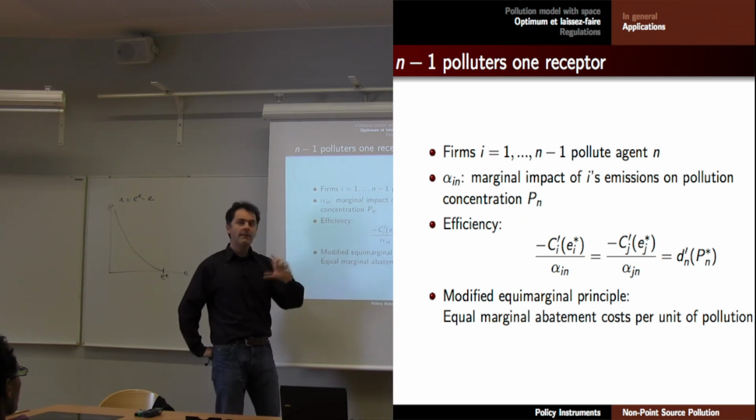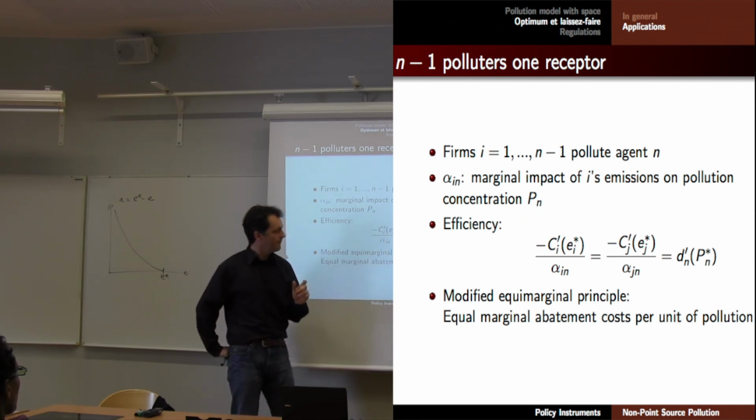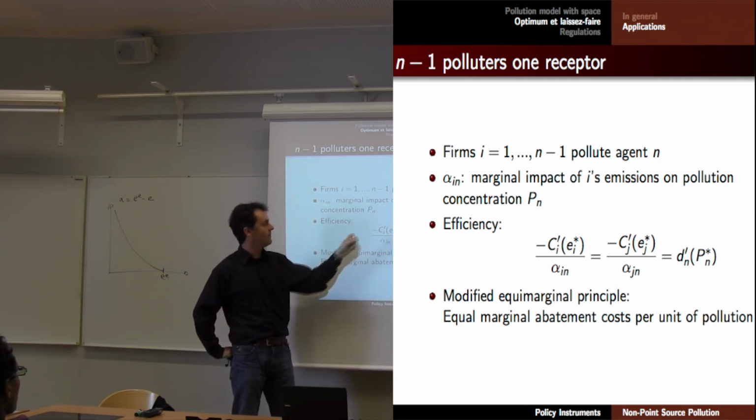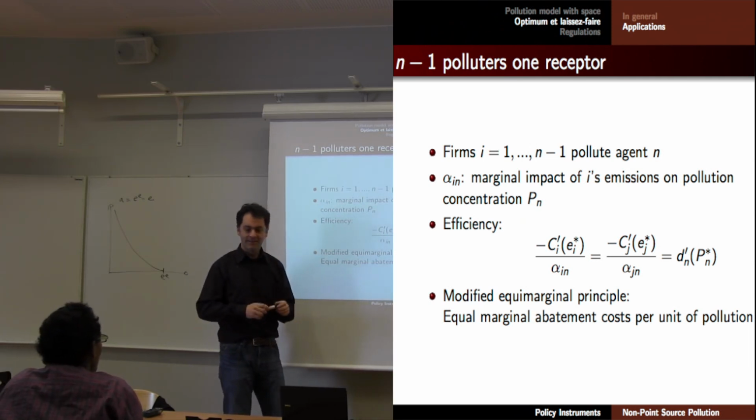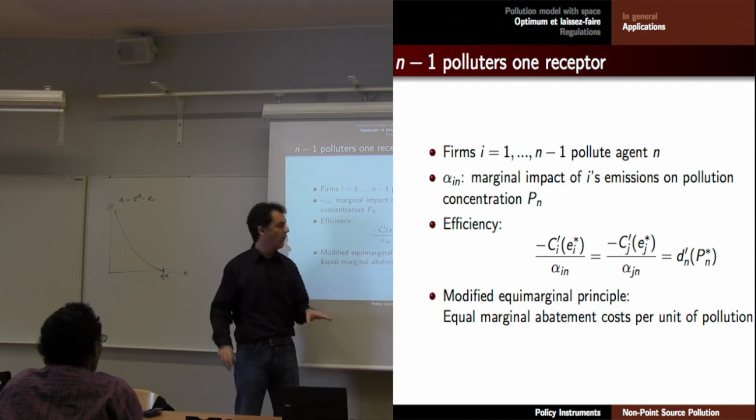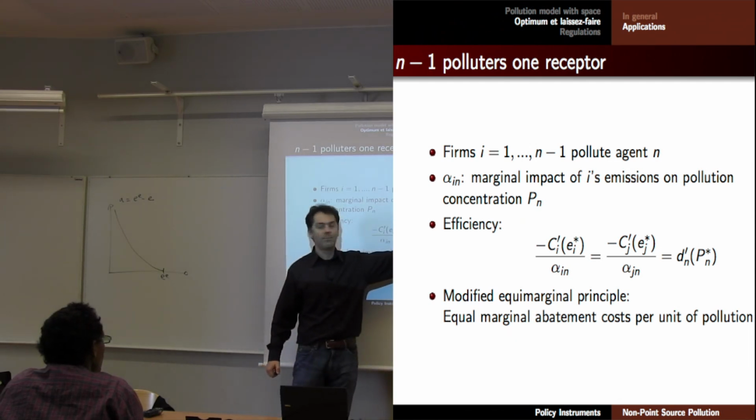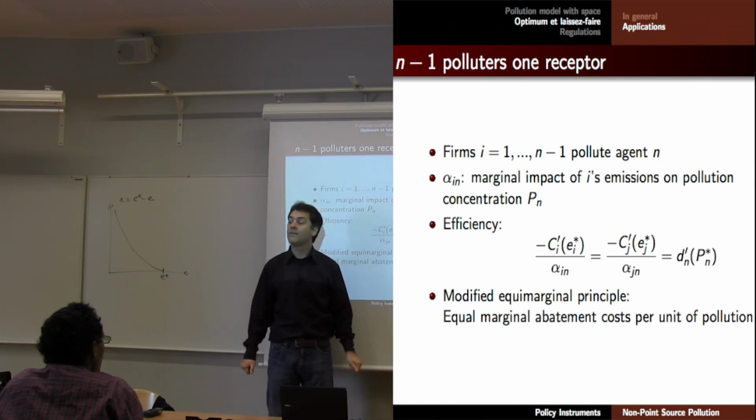But that means different levels of abatement cost for emissions. So that's the point, that this equimarginal principle still holds when you talk about abating in terms of pollution concentration at the receptor of pollution.